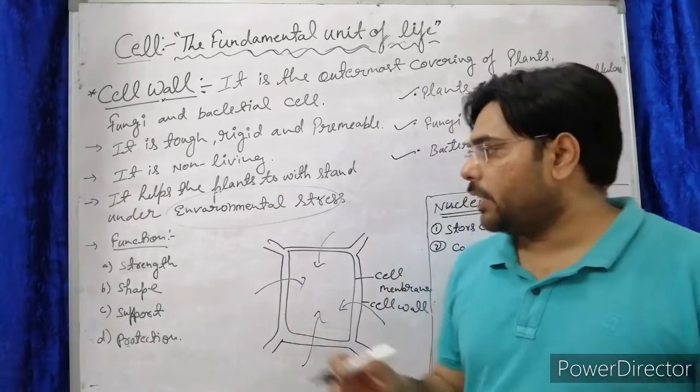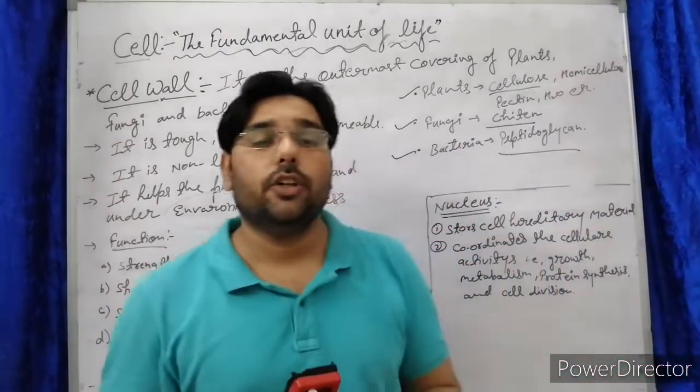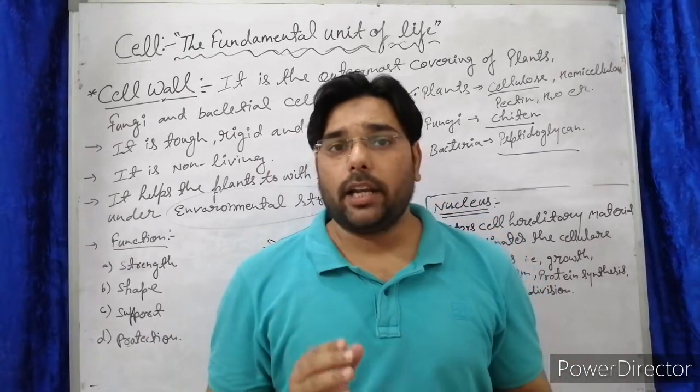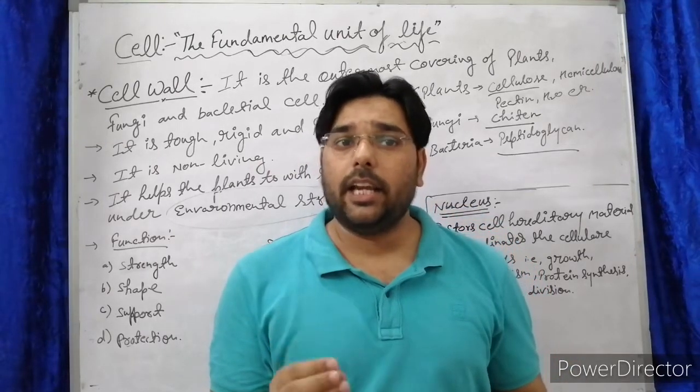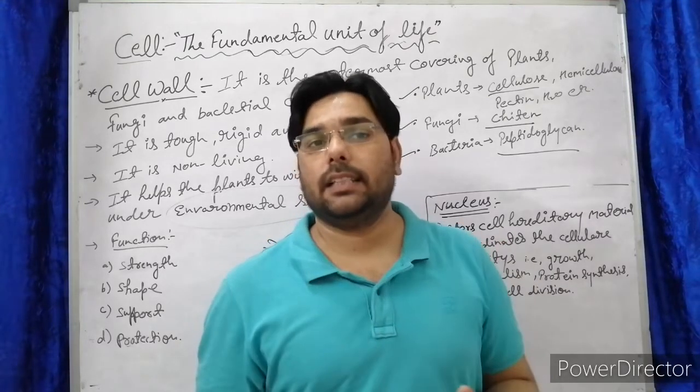Students, now we have to discuss the nucleus. So what is the nucleus? The nucleus is a double-membrane-bounded cell organelle which is present in eukaryotic cells at the center of the cell.